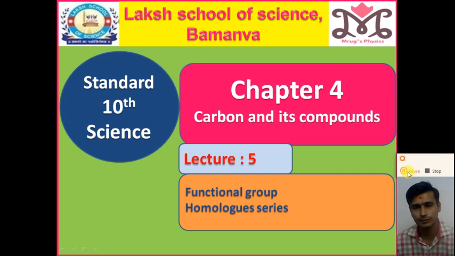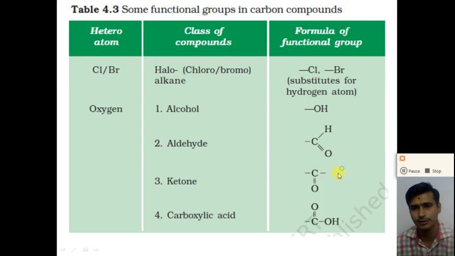So in this video we will discuss how the carbon atom makes a covalent bond with other atoms or groups of atoms. After that, we will again discuss the homologous series of carbon compounds, that is alkane, alkene and alkyne, right? So let us start with some functional groups in the carbon atom.